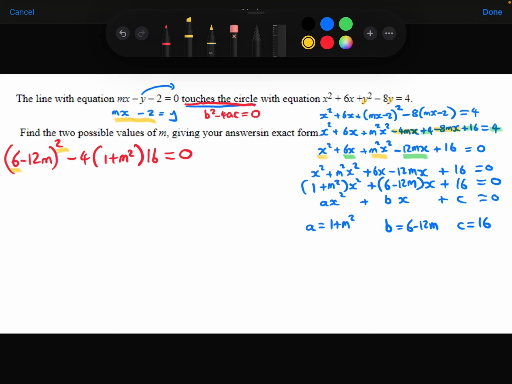Right, the 6 squared is 36. We've then got the 6 times the minus 12m, which would be minus 72m. But there's 2 of those, so minus 144m. We've then got the minus 12m times minus 12m, which is plus 144m squared.